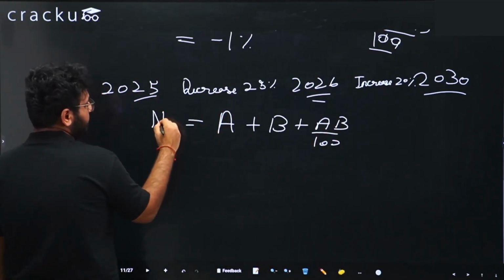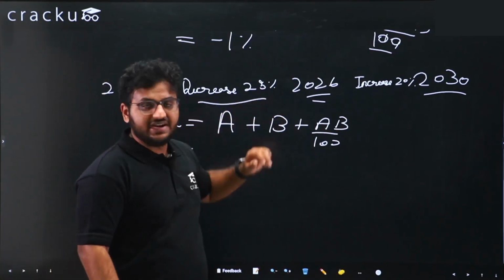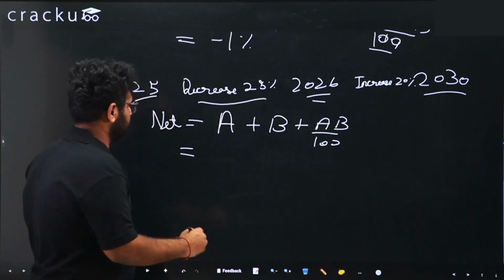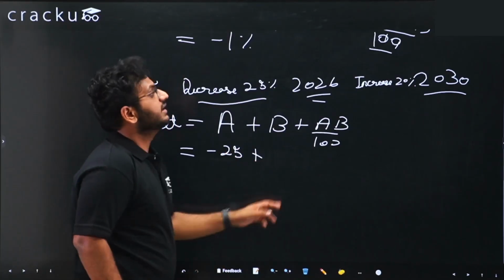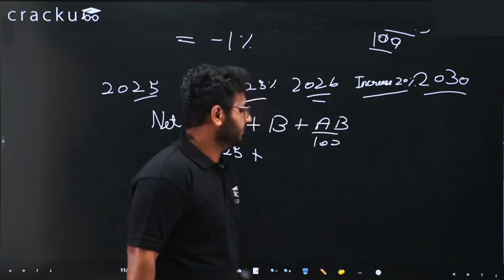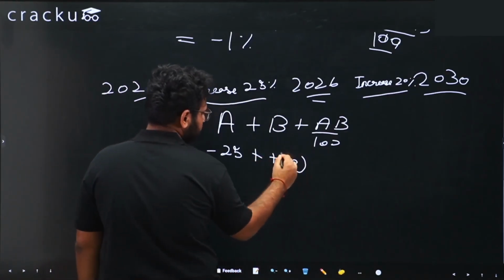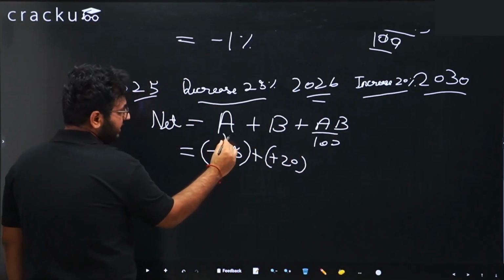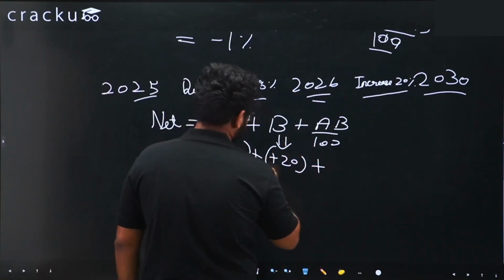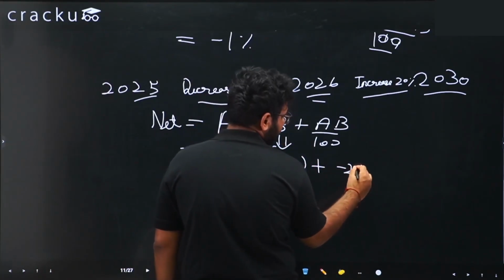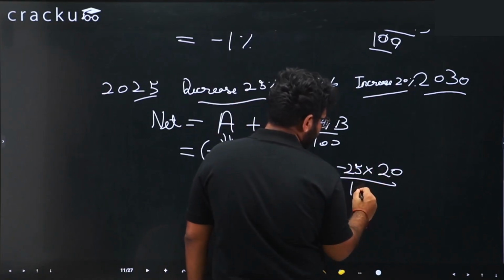So net percentage change: A is decrease by 25%, decrease is minus, so minus 25, plus increase of 20%, so plus 20. Now this is our A and this is our B. So we will put in this formula: minus 25 into 20 divided by 100.